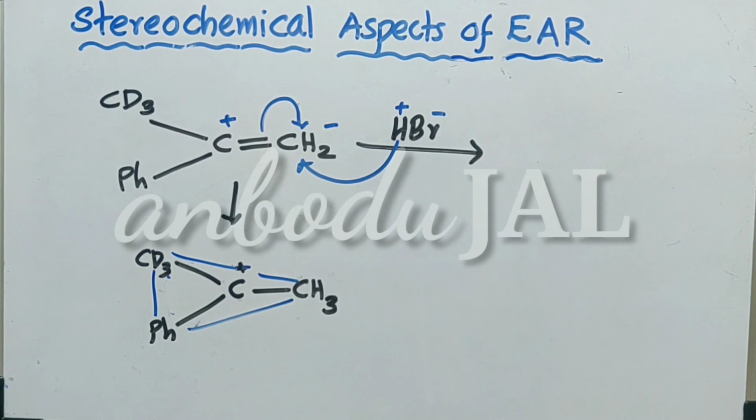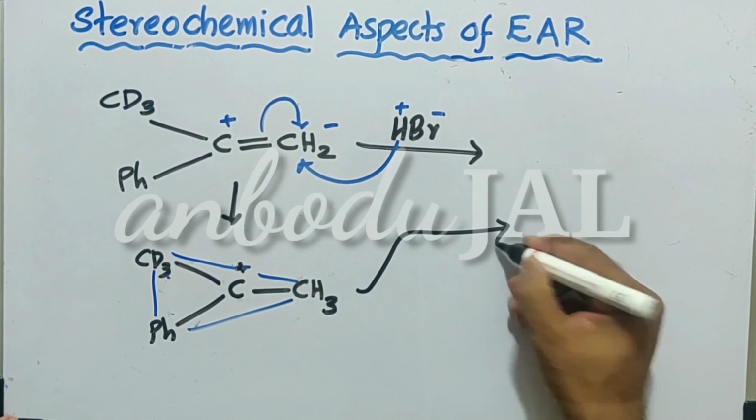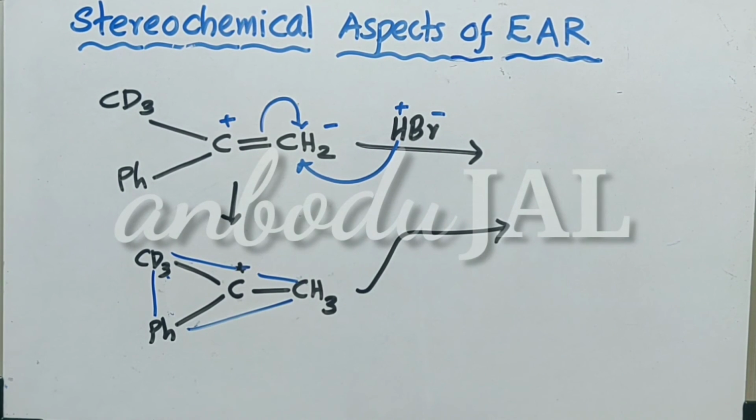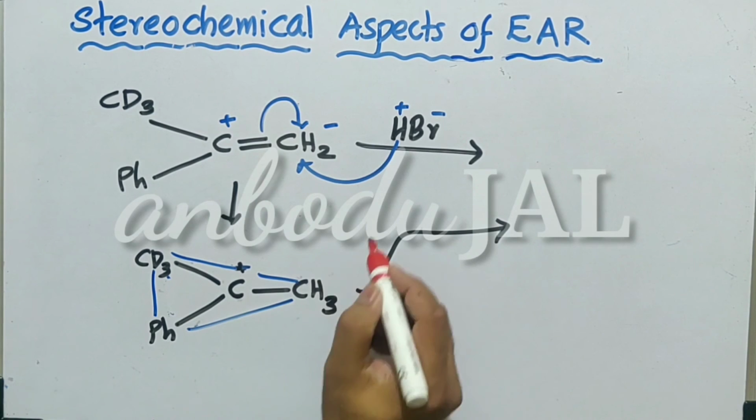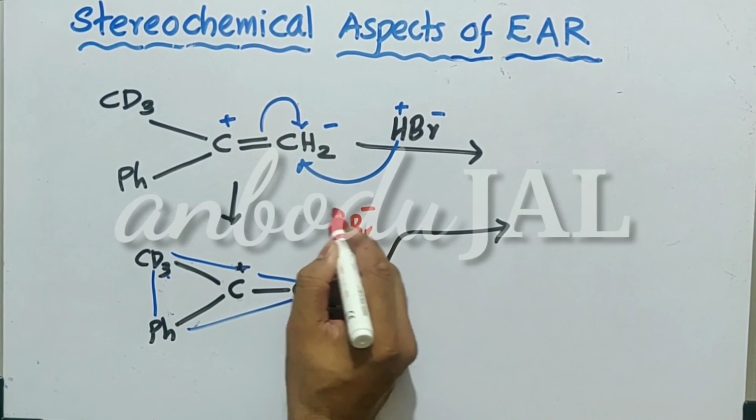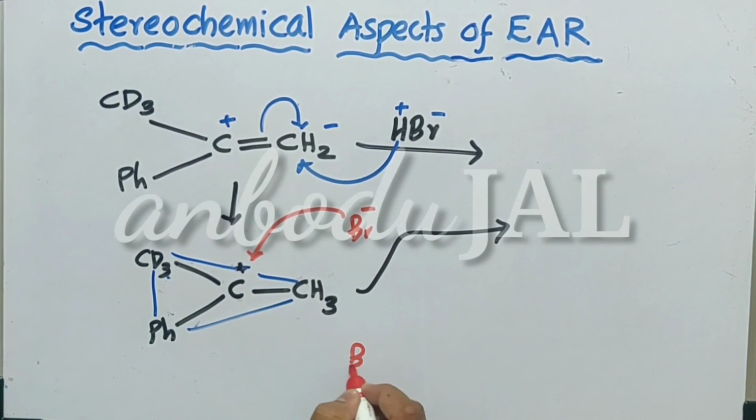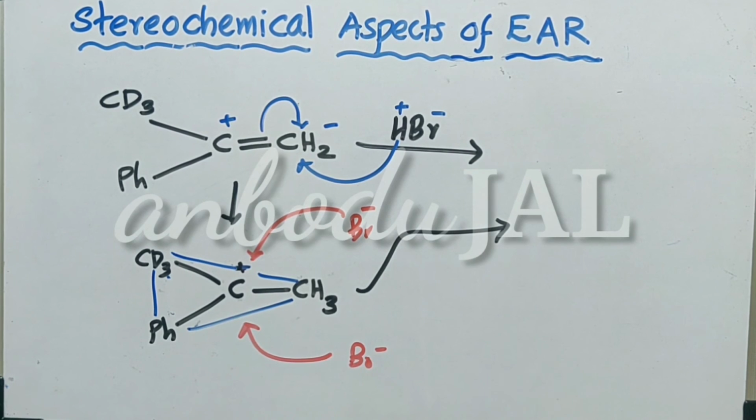So by discussing the stereochemical importance of this reaction, there are two types of addition that take place. Listen here, very important. Br minus can come through this way and Br minus can come through this way. Okay, that is, there will be the formation of two different types of stereoisomers.